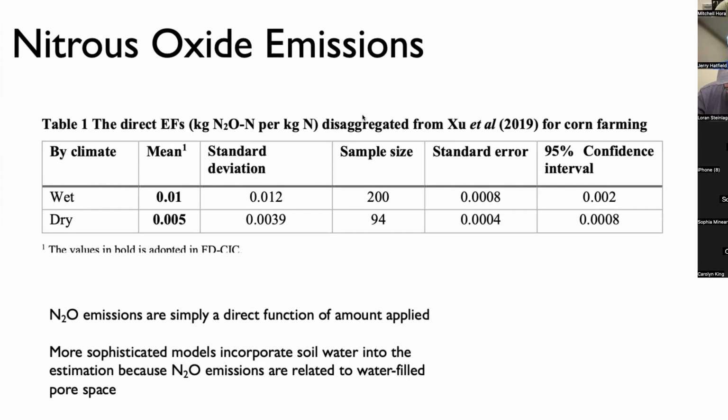The other piece of this, and I'll just interject here, is why improving the soil has such a big impact on nitrous oxide. If we can keep that soil from being anaerobic, so if we keep it well drained, we have less potential for nitrous oxide.